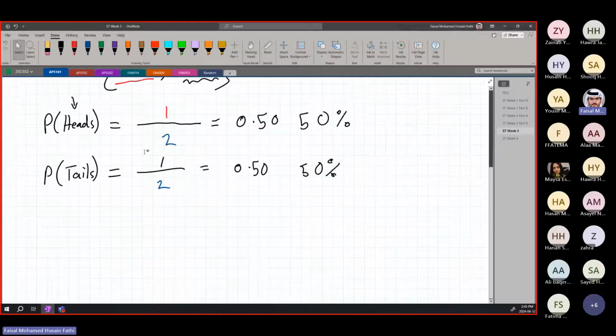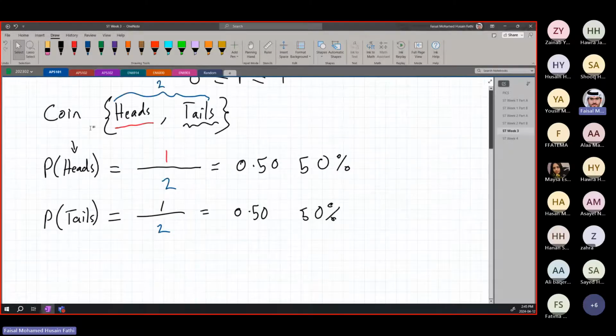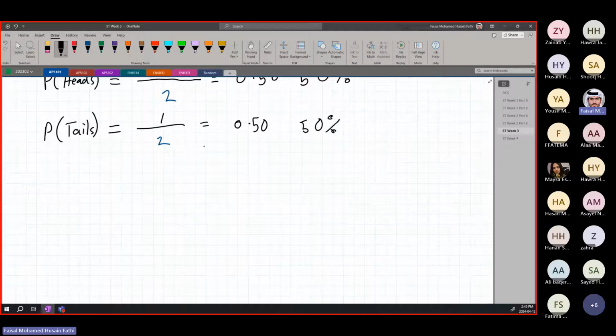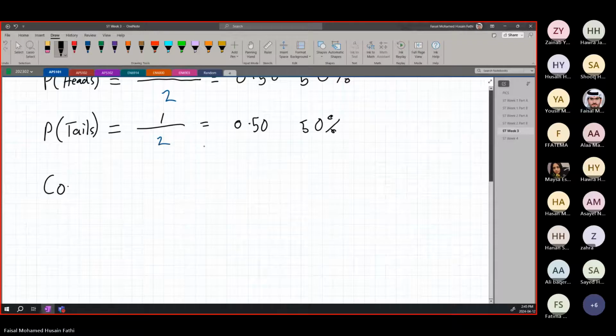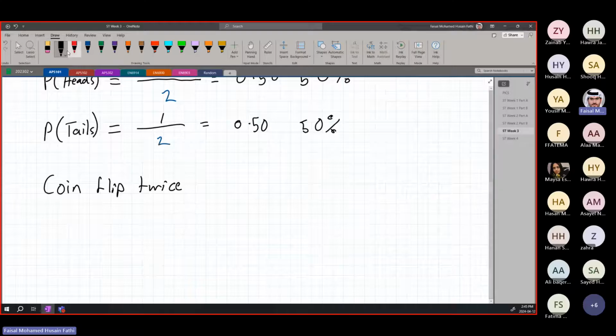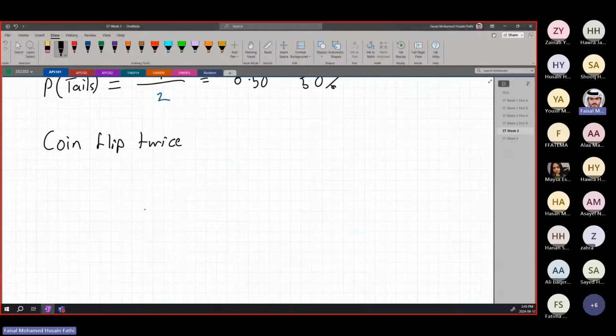Now, what if I told you I want to flip the coin twice? Not just one time, I want to flip it twice. Let us look at our sample space in this case. For the first flip, we're going to start here.